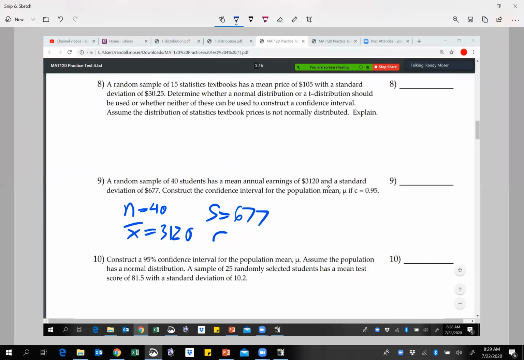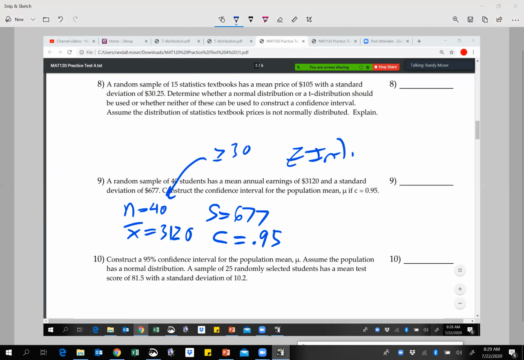And we want to construct the 95% confidence interval, so 0.95. What would we use for this one? Would we use a z-score or a t-score and why? Z, because n is greater than 30. Perfect. So n is greater than 30, so we can use the z-score, in other words, a z interval on this one.